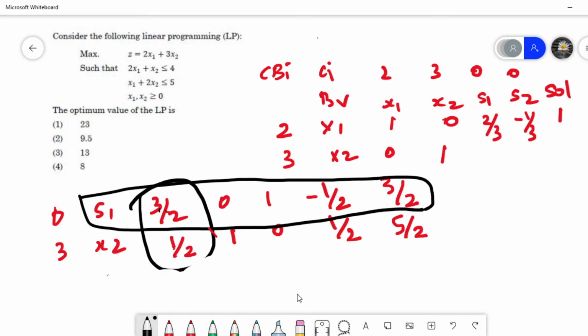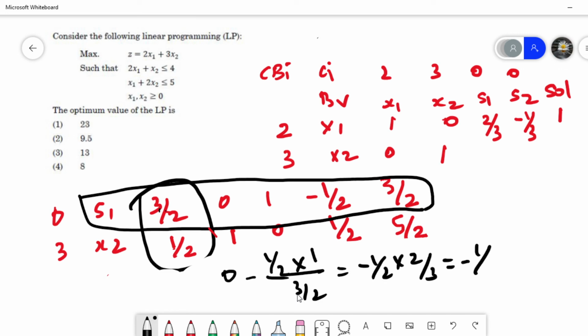So the next element is 0. The old value is 0. The corresponding column value is 1 by 2. Then the corresponding key row value is 1 divided by the key element 3 by 2. So minus 1 by 2 into 2 by 3, which is equal to minus 1 by 3.